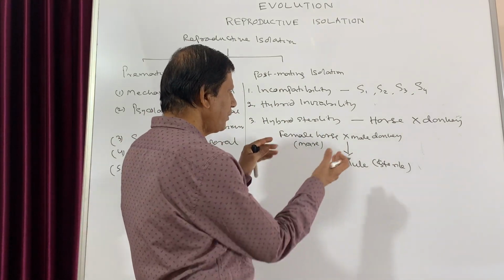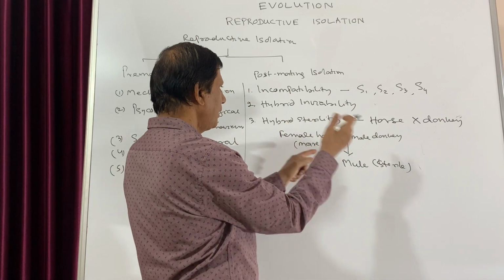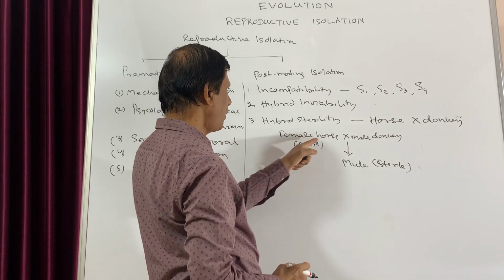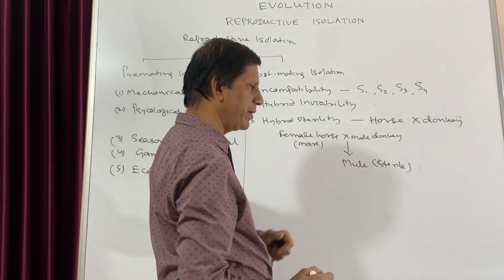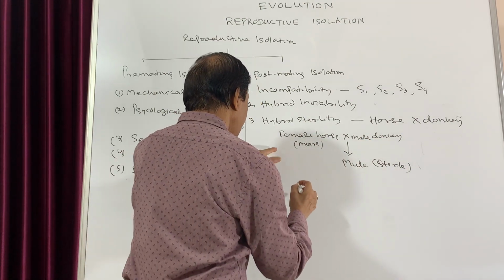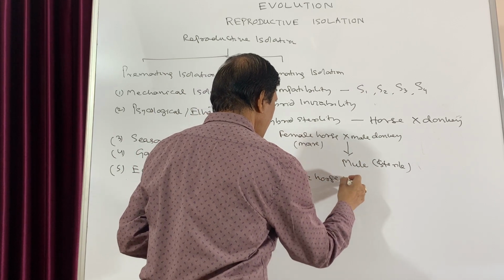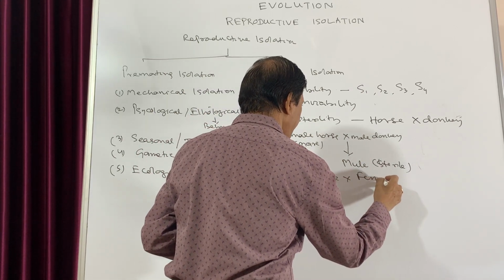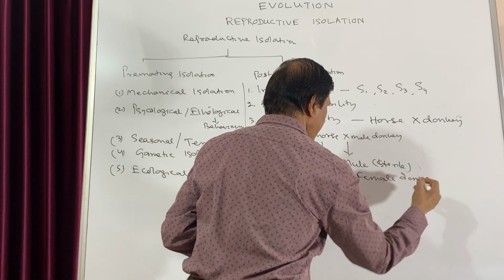In the reverse cross, the horse is male and the donkey is female.